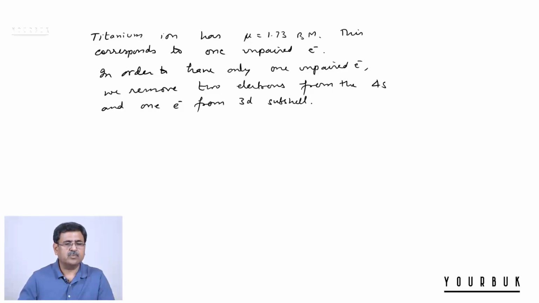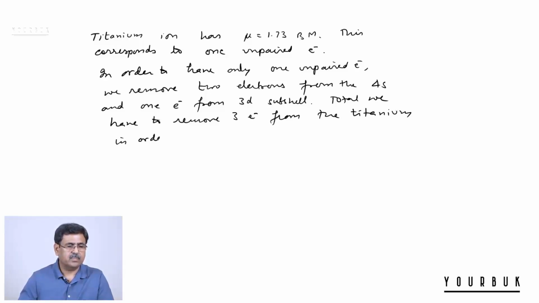So total we have to remove 3 electrons from the titanium in order to have only 1 unpaired electron. Therefore, the symbol of the ion is titanium 3+.